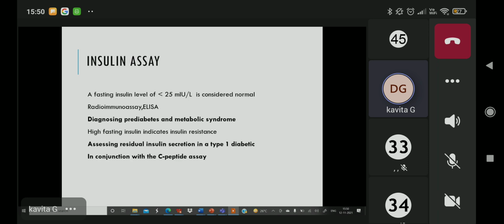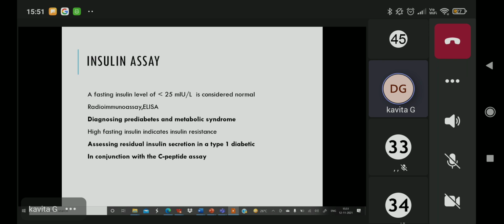In the insulin assay, what are you looking at? You're seeing your insulin levels in the body. This is not a common test. This is done mostly from a research perspective only, but just for completion, you can mention the name insulin assay.